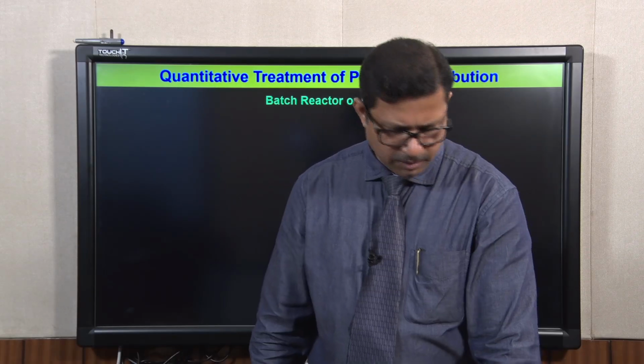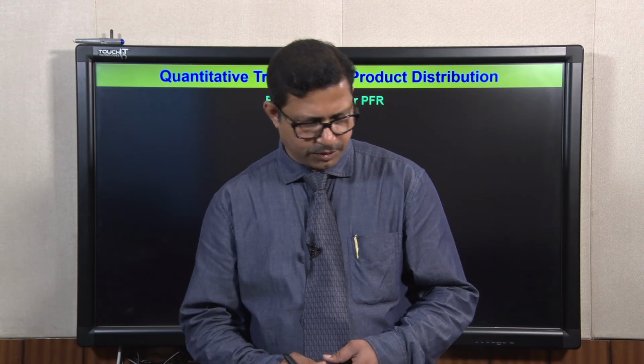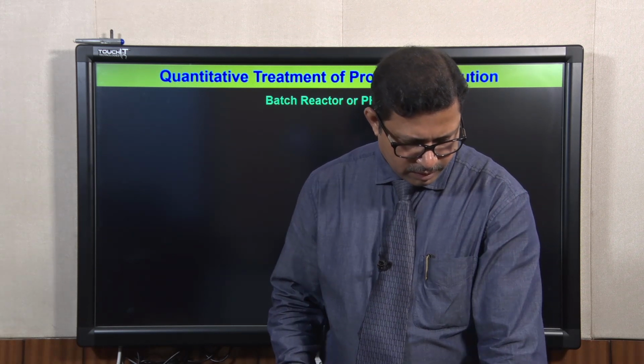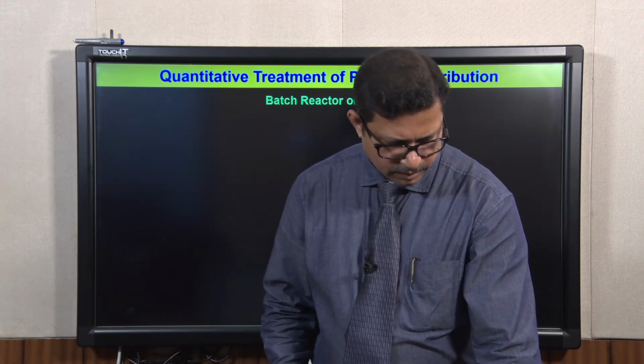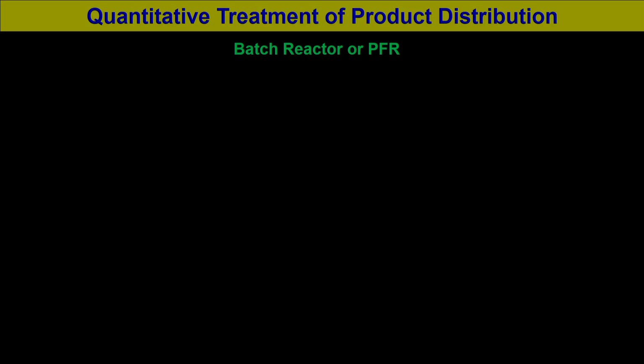We can maximize the concentration of the intermediate as we did before. So, we differentiate the equation Cr by Ca naught is equal to K1 by K2 minus K1 times e to the power minus K1 tau minus e to the power minus K2 tau.